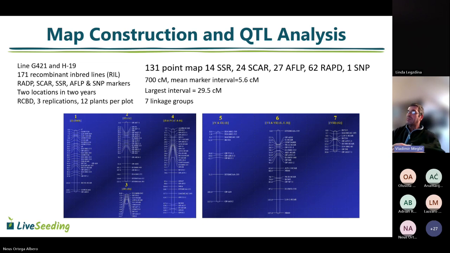We were first producing the genome map at that time, not too many points, but nevertheless, it represented all 7 linkage groups, 7 chromosomes, and we were able to continue our work with QTL analysis.